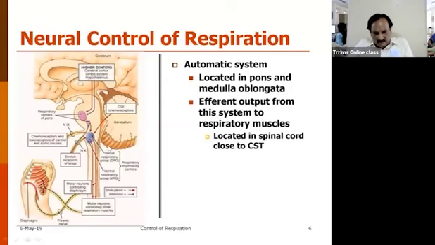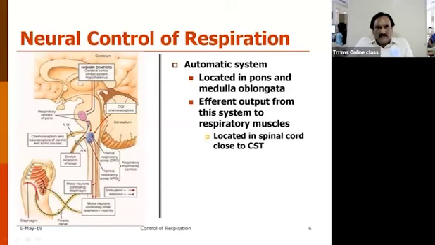And further, the changes in the chemistry of the cerebrospinal fluid, as it is getting circulated in the cerebrospinal fluid pathway, will be stimulating the central chemoreceptors, and this in turn will result in the stimulation of respiration. So the chemoreceptors and baroreceptors and aortic sinuses, you are familiar with that.